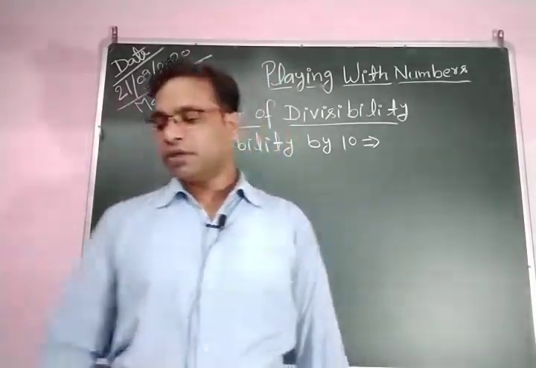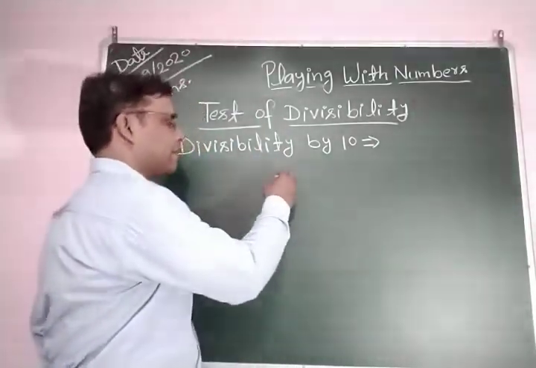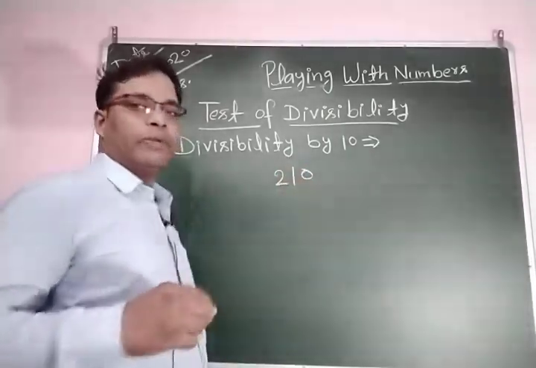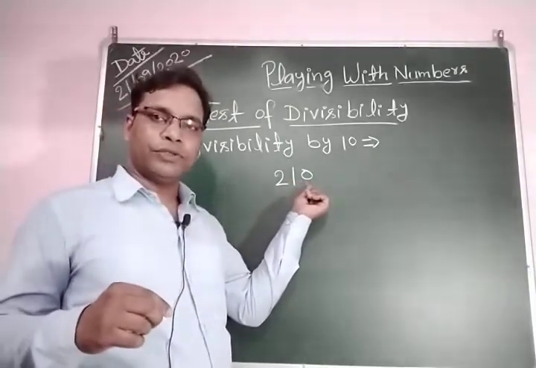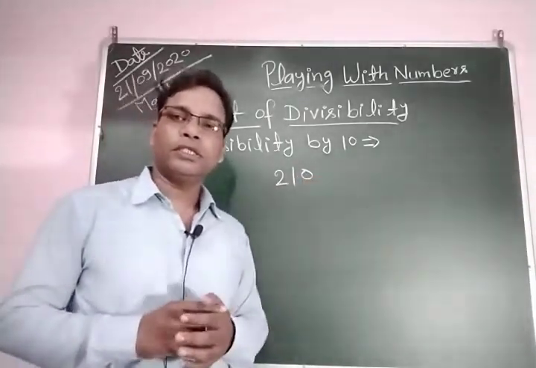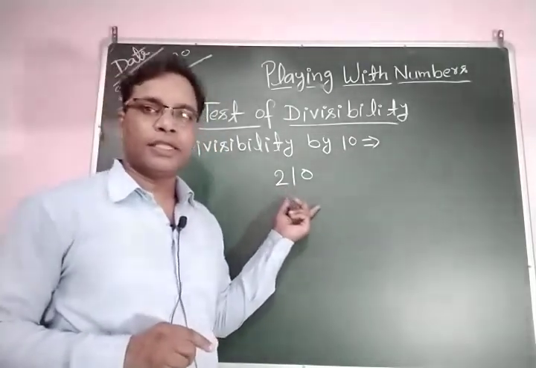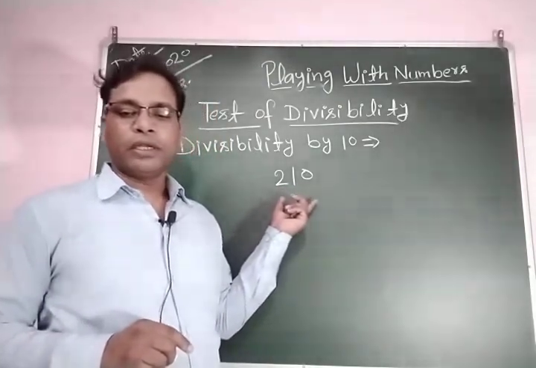So for example, 210 is divisible by 10 because the unit place digit is 0, or the last digit is 0. So in this way you can say 210 is divisible by 10.